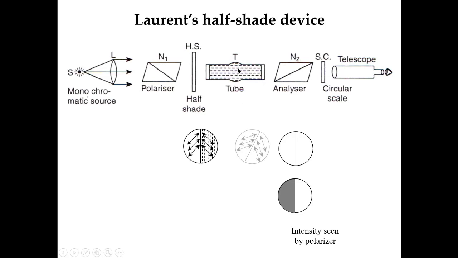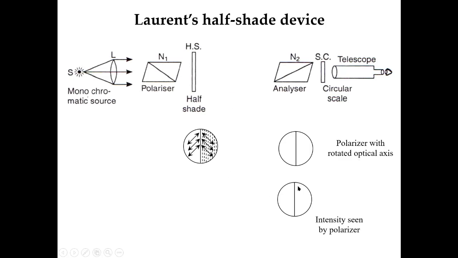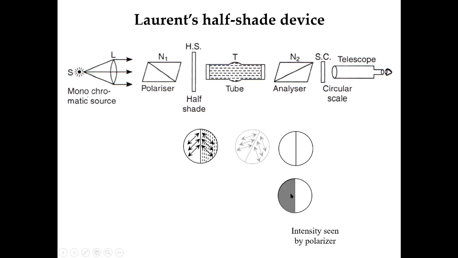So, by introduction of this optically active material, the intensity which was the same for both the parts of the half-shade plate now becomes half dark and half light. So to achieve the previous position of the same intensity, this analyzer will have to be rotated again.